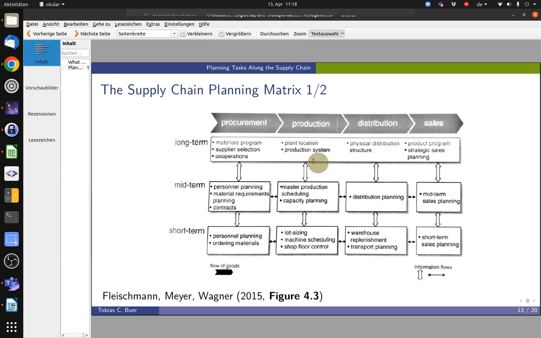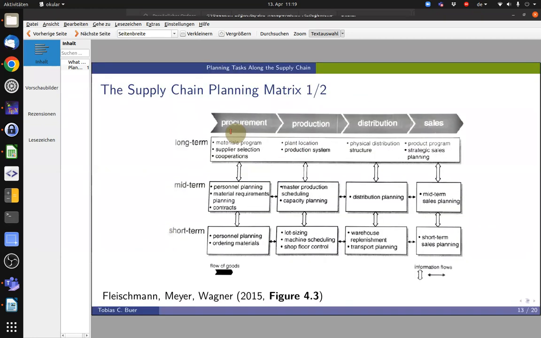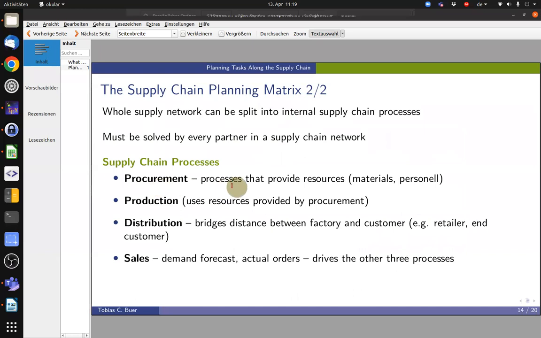Now, I recommend having a look at this picture when we go through the following slides. The sub-processes, the supply chain processes, procurement, production, distribution, sales, these are the 4 here on top. They are part of every supply chain network, and every company of a supply chain network has to deal with these 4 processes.